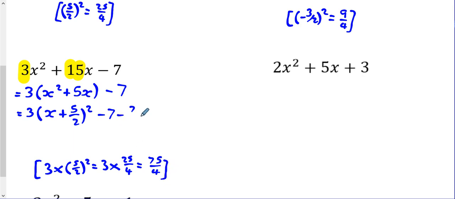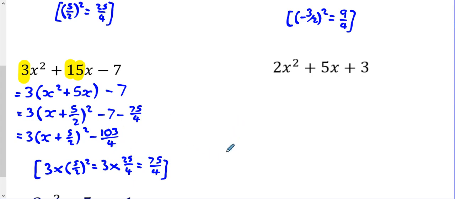So we're subtracting 75 over 4 off there. So this first bit doesn't change. So this is 28 over 4, taking off another 75 over 4. Takes us down to that.